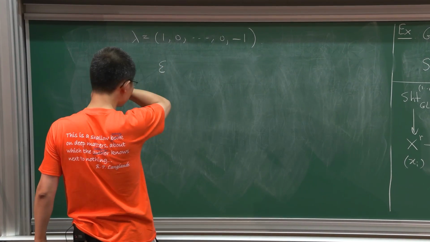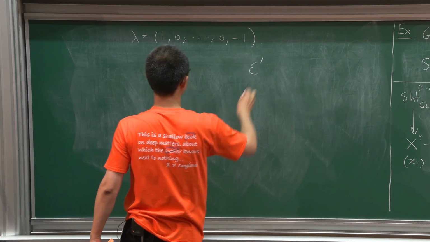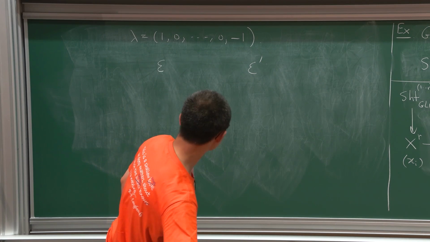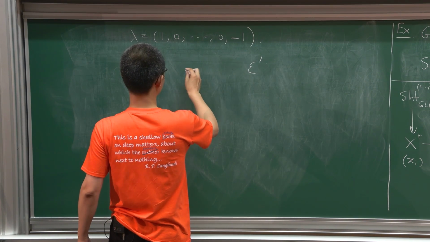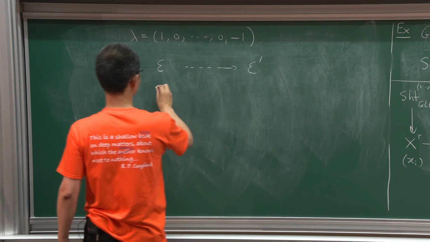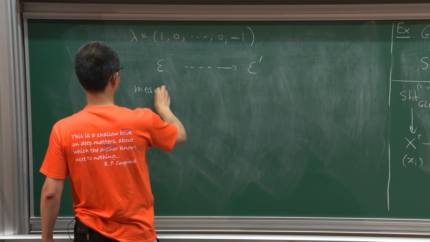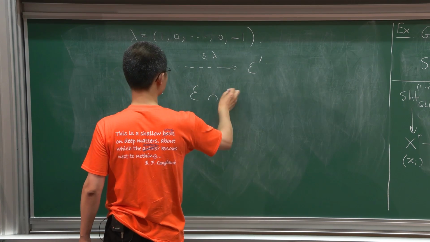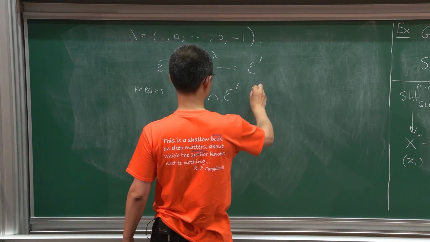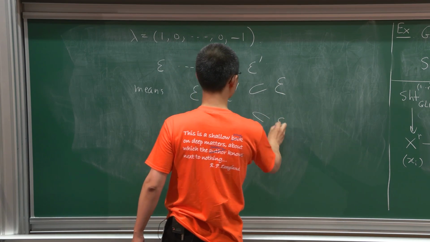So such a modification means, at the level of just pointwise, bounded by lambda means if you intersect them, this is a subsheaf in both.